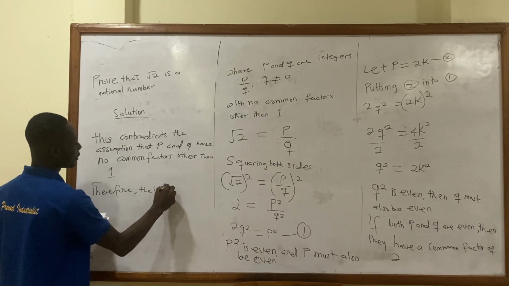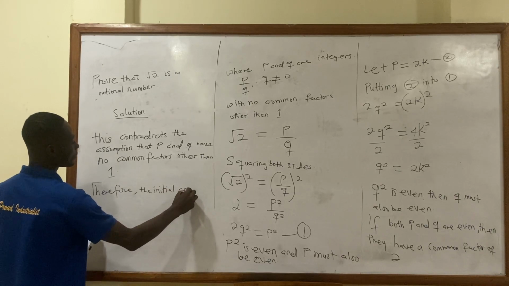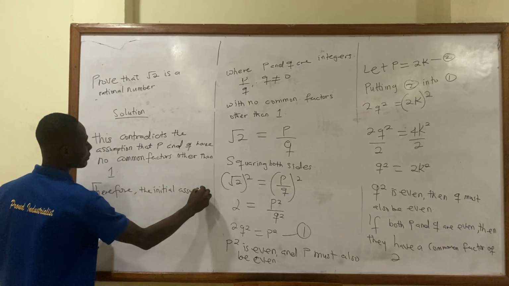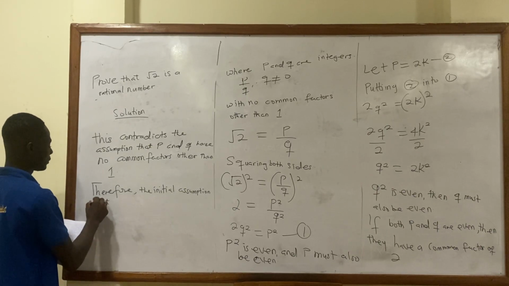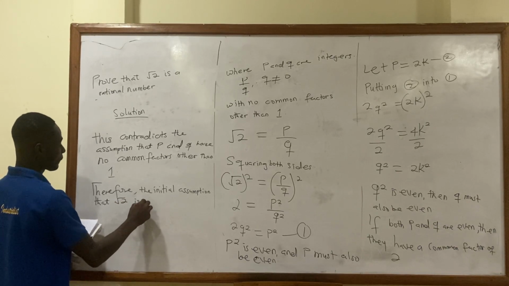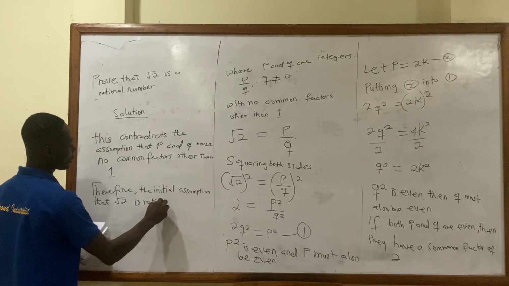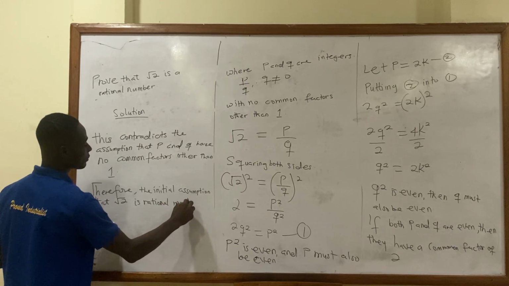All right, so therefore the initial assumption that root 2 is rational must be false.